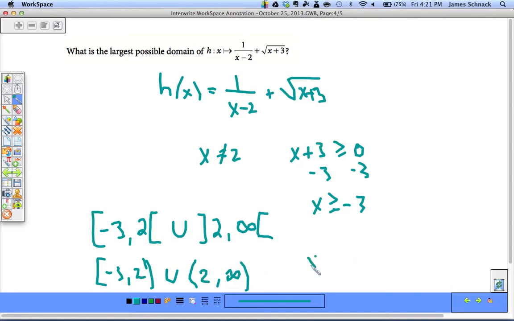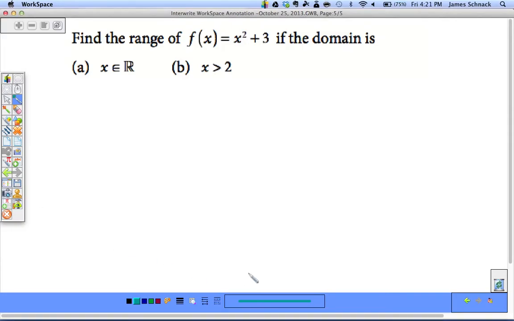Or we could say x has to be greater than or equal to negative 3, comma, x doesn't equal 2. All three of these statements mean the same thing. On a number line, it would look like this. Here's our negative 3, including that. Here's our 2. We don't include that, but we include everything else that's bigger than negative 3.